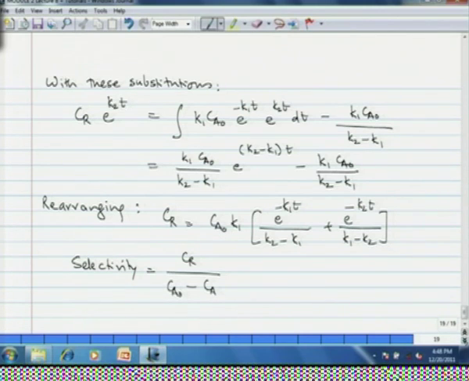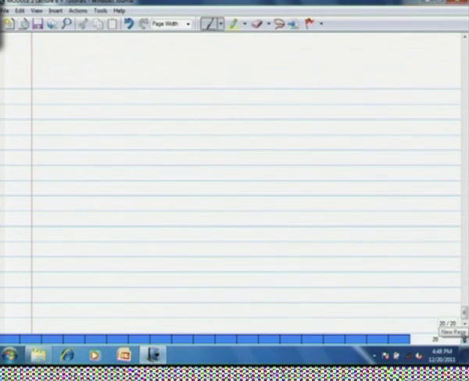Now, we define the conversion x as Ca naught minus Ca divided by Ca naught, and then using the solution for the differential equation for Ca, we get x equal to 1 minus e to the power minus k1t.